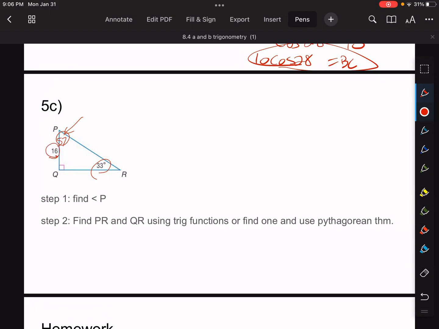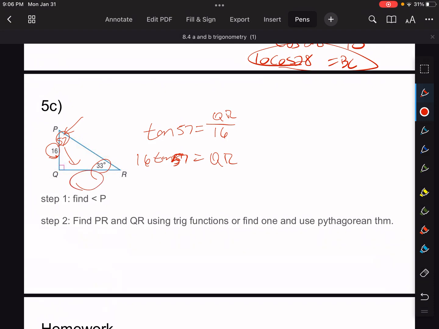So I can look for my opposite and use my tangent function. I can say the tangent of 57 is equal to QR, which is opposite, over my adjacent, which is 16. Which means QR is equal to 16 times the tangent of 57 degrees. Go ahead and put that in your calculator and you can see what QR would be.